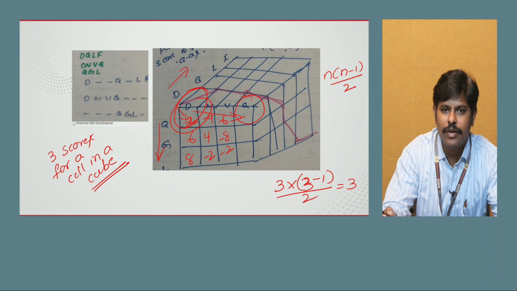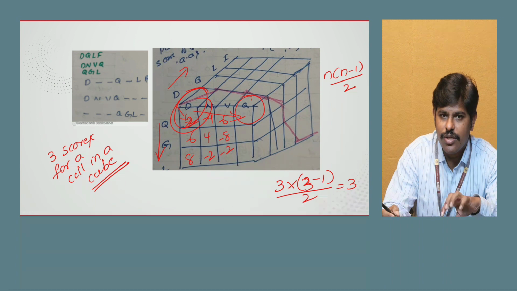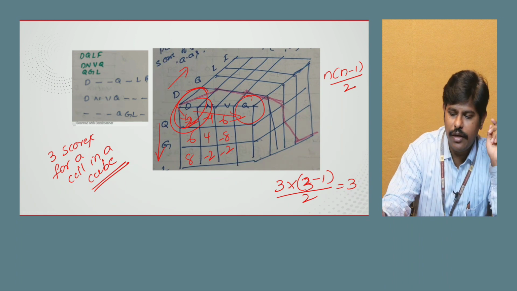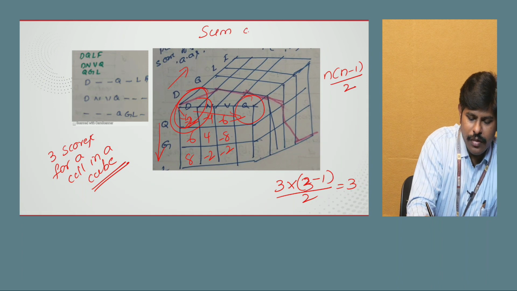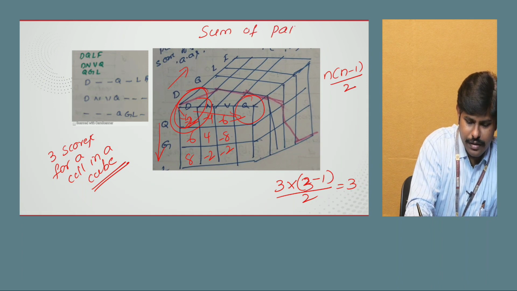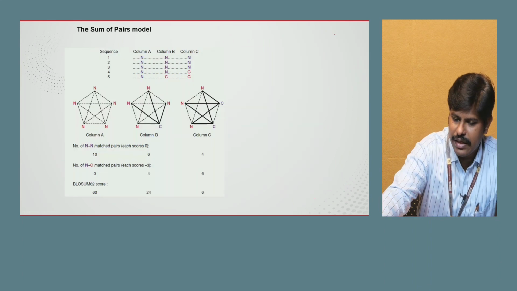So in this bigger cube or cuboid, each cell score comes from the 3 different sides because of 3 different comparisons, and we sum them up to get one single score. That approach is called the sum of pairs method.